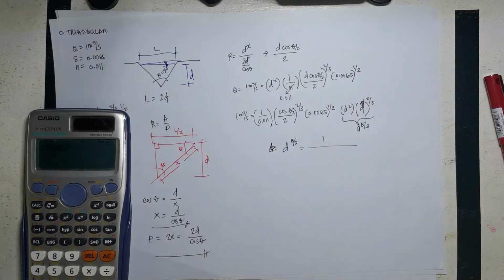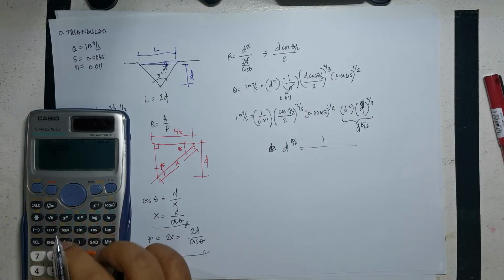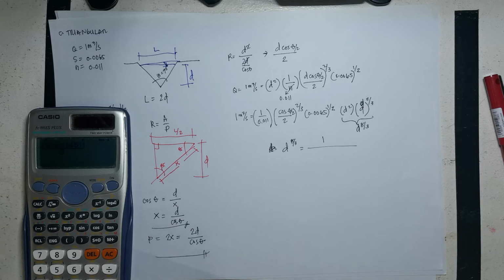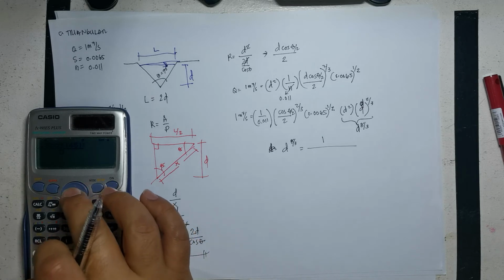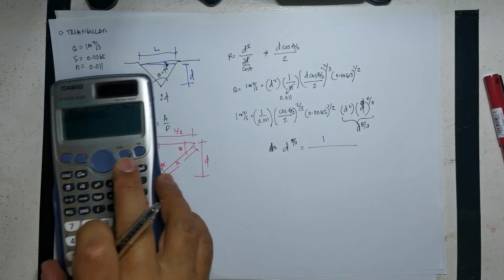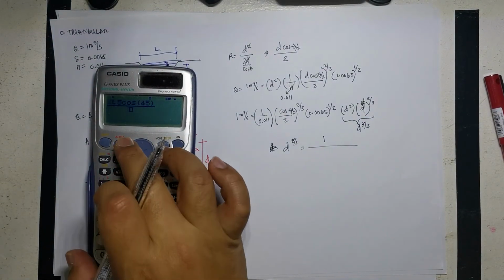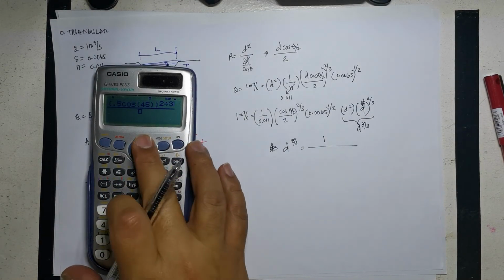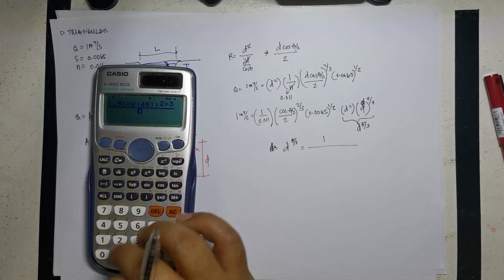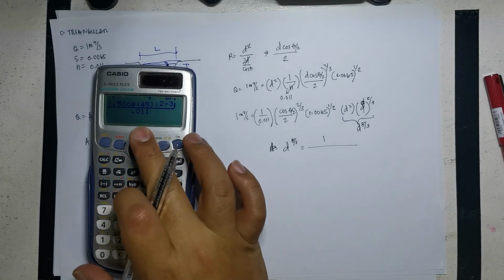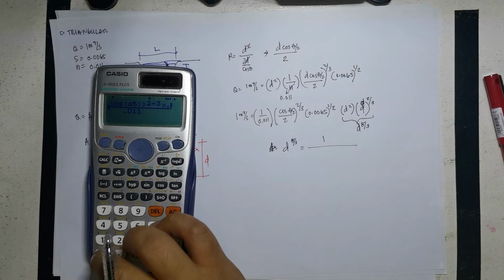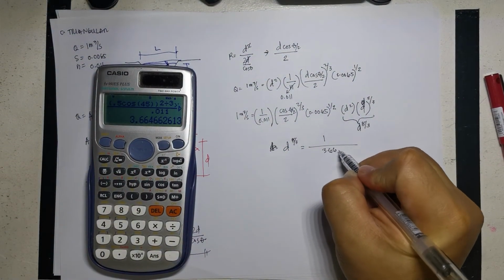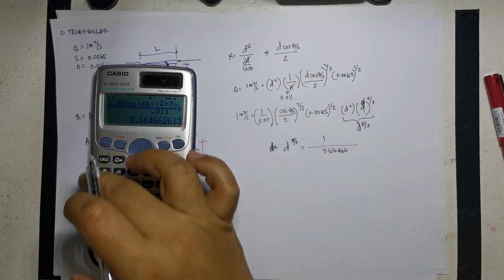Theta over 2, that will be 45 degrees. 0.5, 45 degrees, raised to 2 thirds, times 0.011 times 0.0065 raised to 0.5. That will give us 3.66466, shift to C.